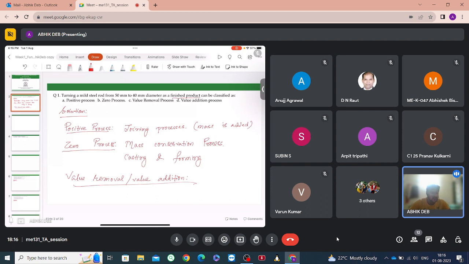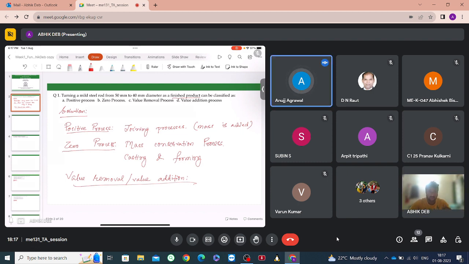So that is how its value is getting diminished, or the value is getting removed. So that will be a value removal process. It does not necessarily mean that you intentionally do the process. It might just come from usage, but it will be a value removal process in that case.